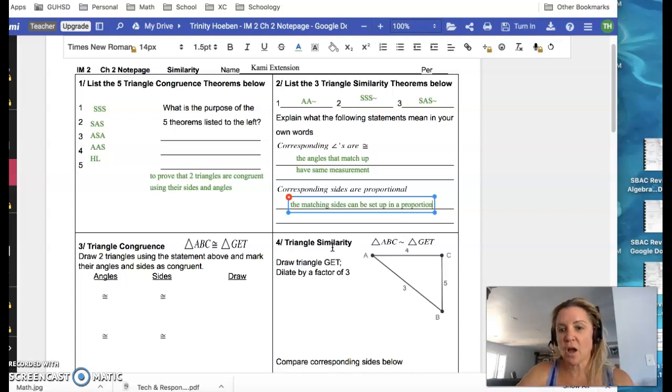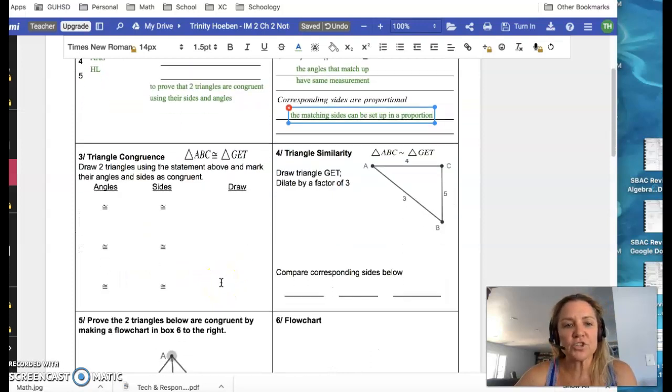Proportions can always be solved by doing the cross product and then seeing if it's true. If you get 36 equals 36, great, then they're proportional. But if you get 36 equals 32, then you say, nope, they're not proportional.